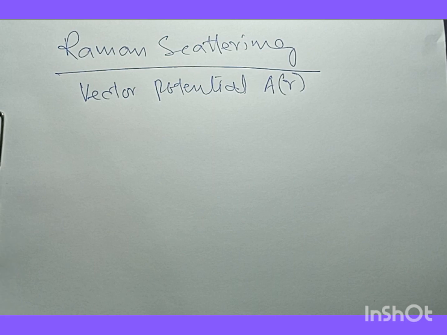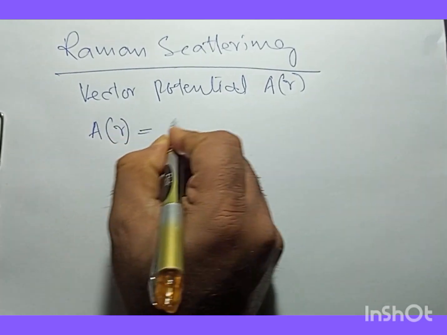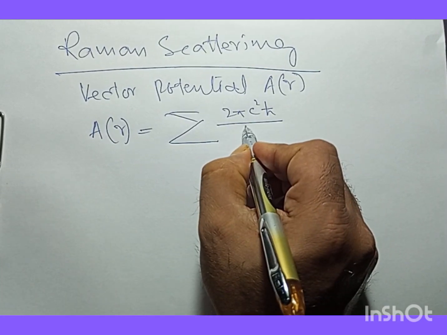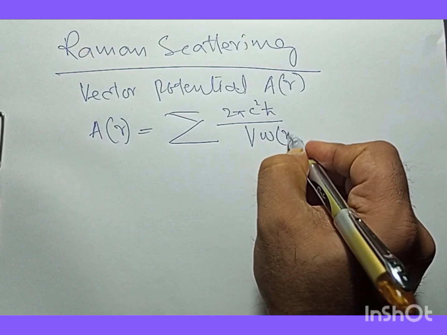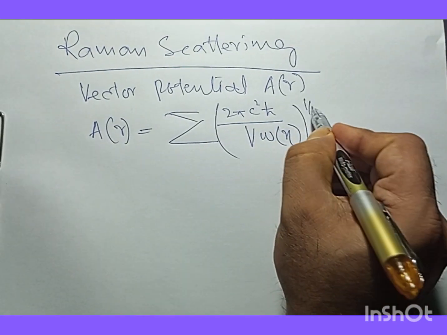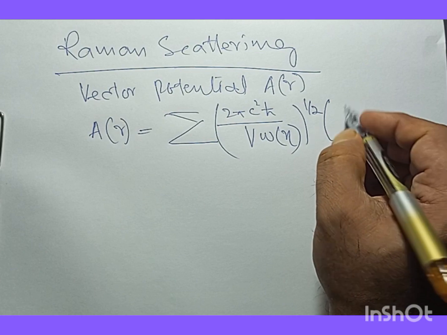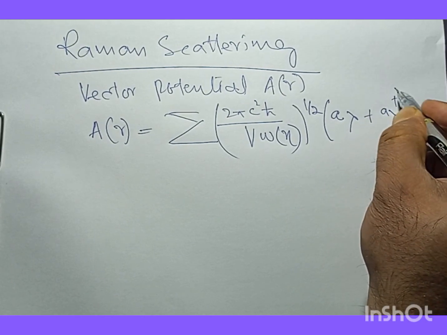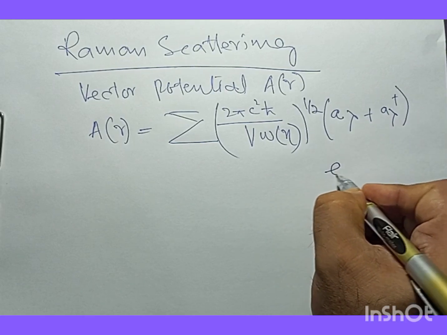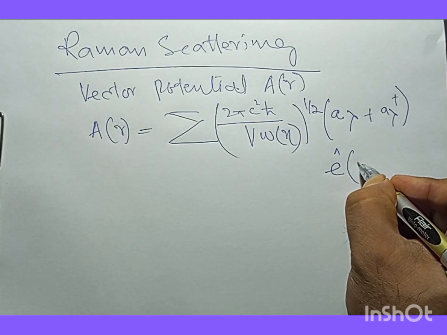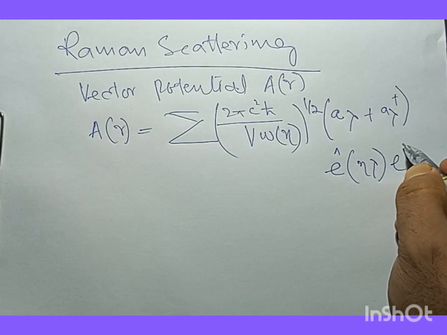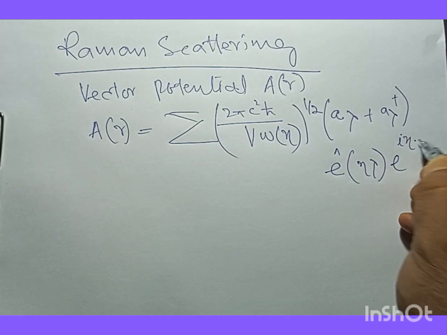We can write down this vector potential as an ensemble of oscillators: A of r is the sum over 2 pi c squared h cross by V omega as a function of eta, the whole raised to the power 1 by 2, and then we have the creation and annihilation operators, a lambda plus a lambda dagger, and we use some polarization vector e cap as a function of eta and lambda, and e to the power of i eta dot r.